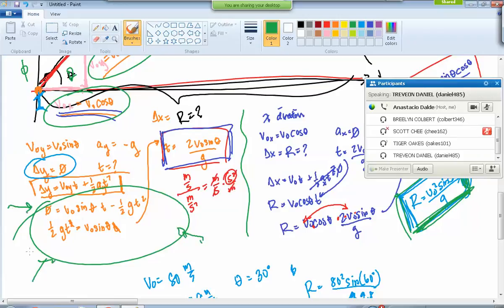I've engineered the problem so that you can simply just straight up cancel out t's. But in one of your homeworks, you couldn't do that, and so you had to use the quadratic equation. Well, that's why I made you do that homework set, so that way you get used to doing the quadratic equation. Are we cool with that, folks?